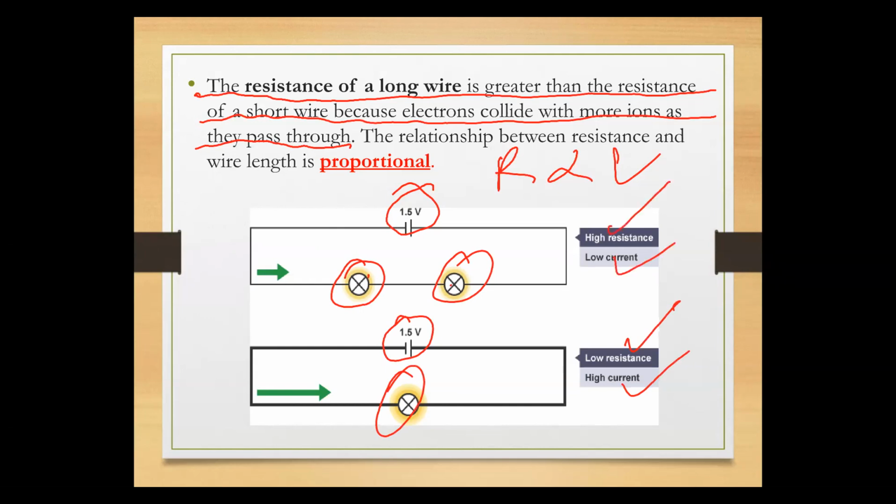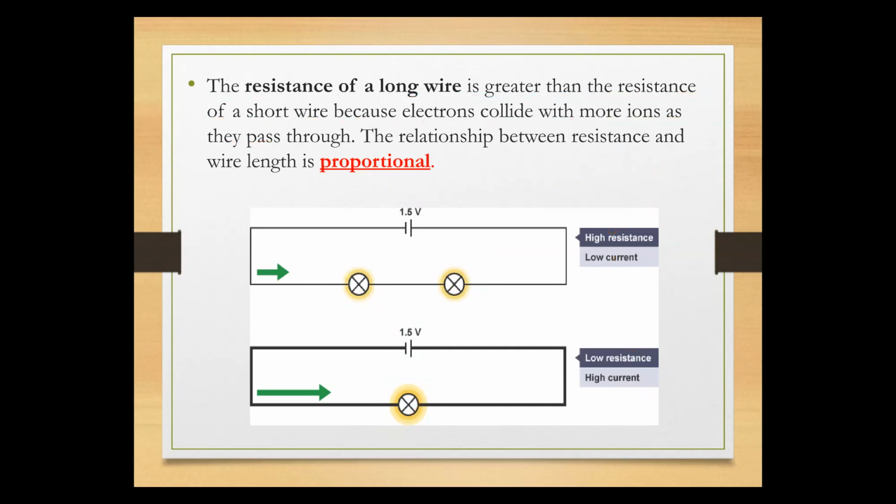So if there's more loads, there's going to be more resistance, so we're going to have less current. If, however, there is 1 load, that means there is less resistance. Less resistance means what? A high current, as suggested there by the diagram.